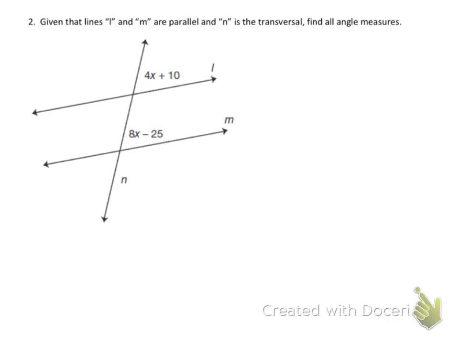No. It's asking you to find all of the angle measures. Are you going to have to find x in that process? Yes. X is not the answer though. This is a multi-step problem.